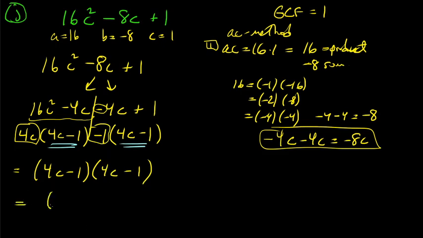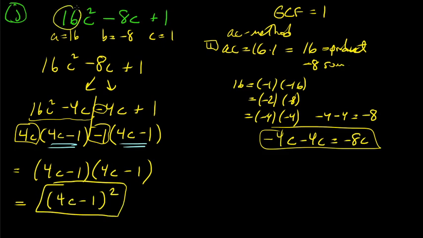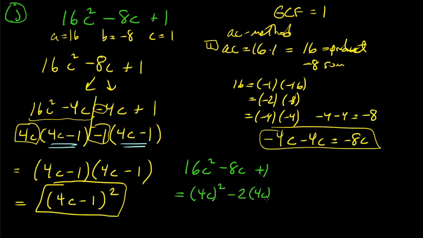So as it turns out, this is a perfect square. It's 4c minus 1 squared. And in fact, this would have been a lot faster had you noticed that, hey, the 16 and the 1 are perfect squares, right? So we could have factored it much faster if you just noticed that this was a perfect square trinomial. It's got to be a plus 1, right? Yep, so this is 4 times c squared minus 2 times 4c times 1 plus 1, right?